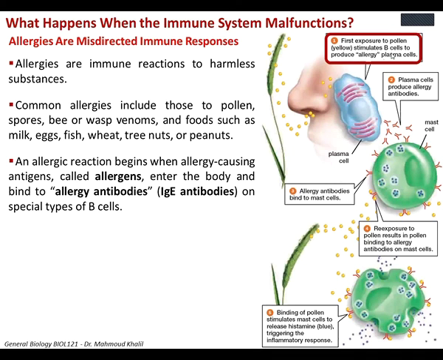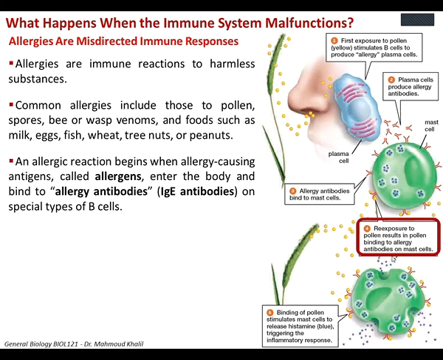For some reason, not known up till now, this causes the B cells to differentiate into plasma cells. And hence these plasma cells produce allergy antibodies, the red ones. This allergy antibody binds to a mast cell. Once it is bound to the mast cell, this mast cell secretes histamine.